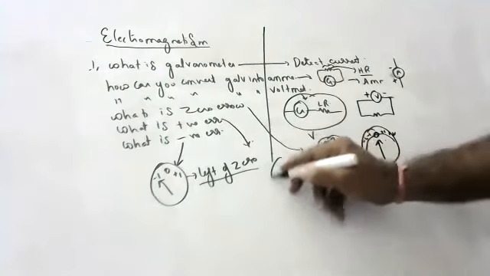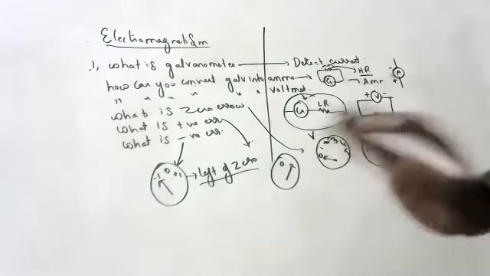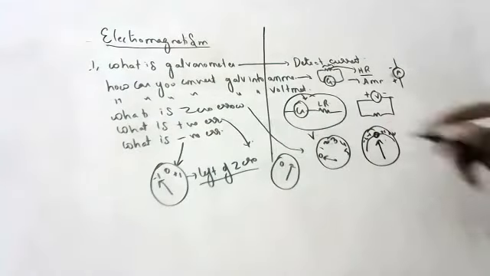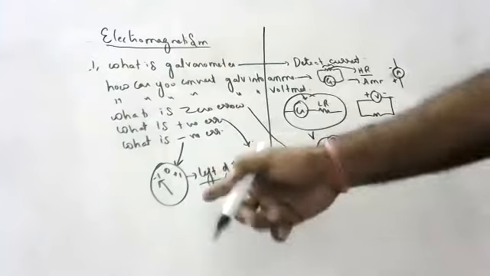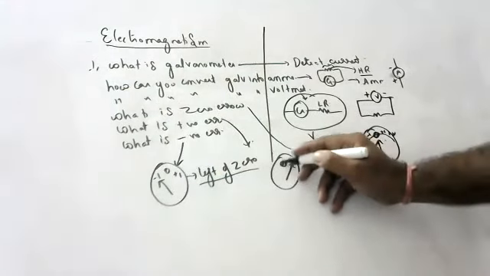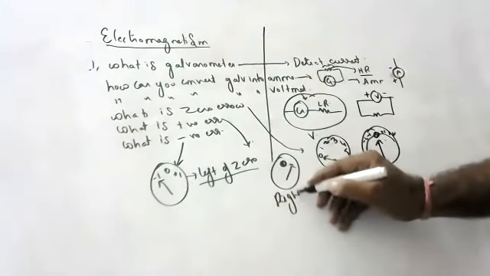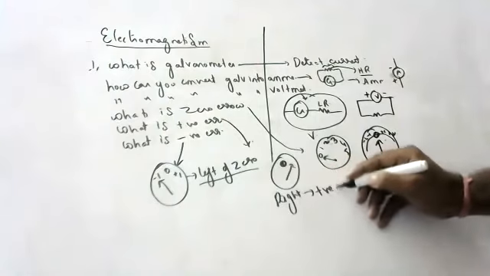If it is right of 0, that is, when you are not using it, it should exactly point to 0 with no error. But if it is on the left side, it is called negative error. If it is on the right side of the 0, it is called positive error.